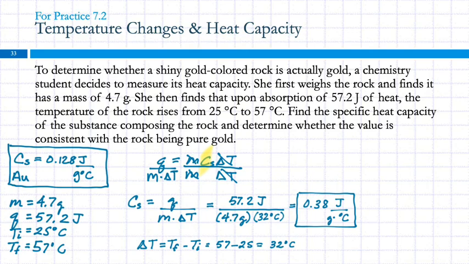So the other answer is no. If it did come out to be 0.128, does that prove that it's gold? No, because lead has the same specific heat capacity as gold. But it would be consistent with the rock being gold. This is not consistent, so it demonstrates that the rock is not gold.